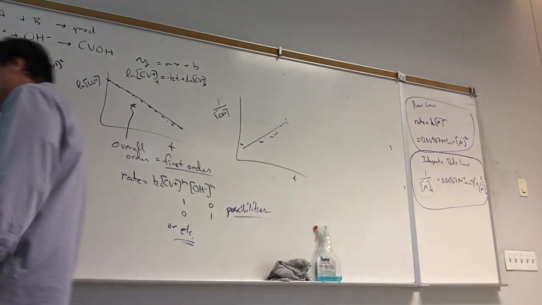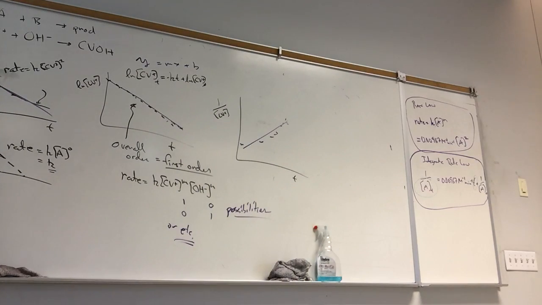So then it's easy, because what we're seeing is an impact on both. Both crystal violet and hydroxide are changing. This is what's happening. So all we have to do is hold one constant and then change the other, right?